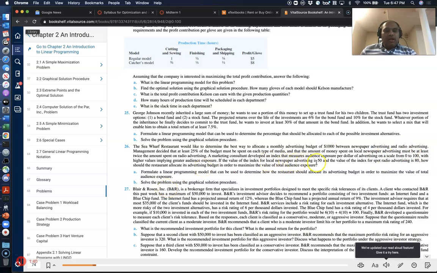Each newspaper advertising has an audience exposure value of 50, and each radio advertising spot has an audience exposure of 80. So how should the restaurant allocate its budget if it wants to maximize the value of total audience exposure? So it's 50 for each dollar spent on newspaper and 80 for each dollar spent on radio advertising.